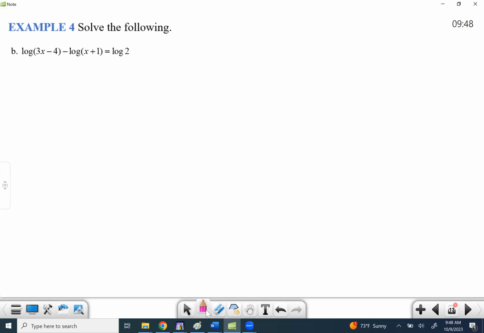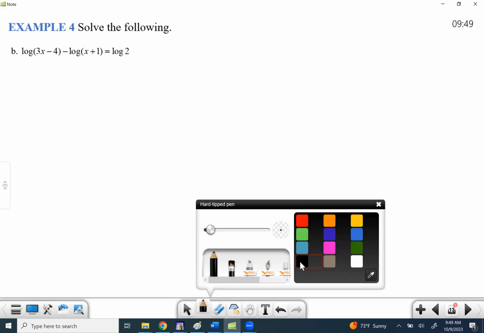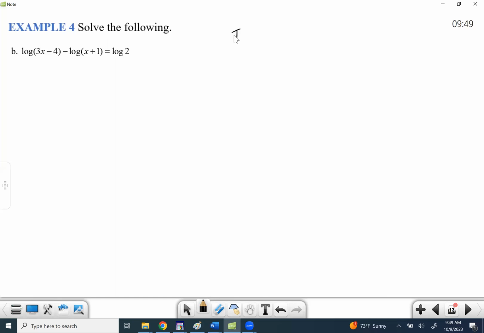All right, so this does not fit the bill for our equivalence property of logarithms. It's if log base b of x equals log base b of y, then x equals y. Well, we need to make it look like this, and it doesn't. It actually has 2 logarithms over here.